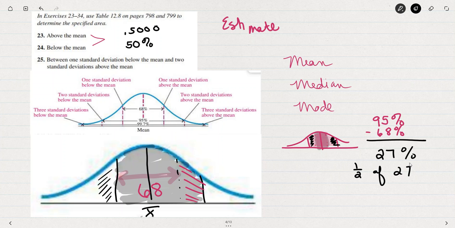because the 1/2 of the 27%, 13.5%, is going to represent just that piece.